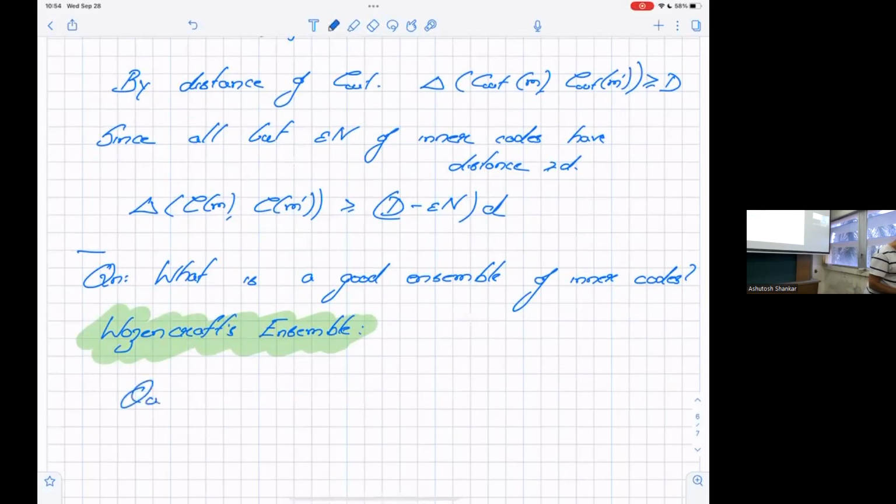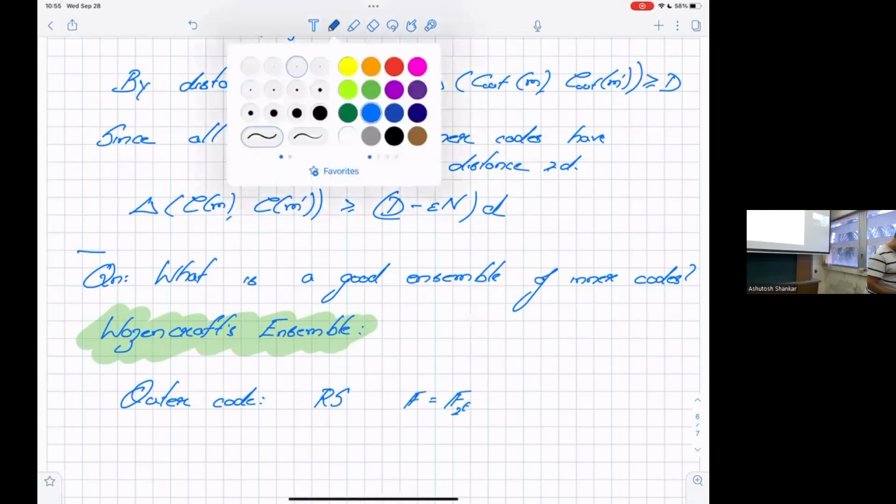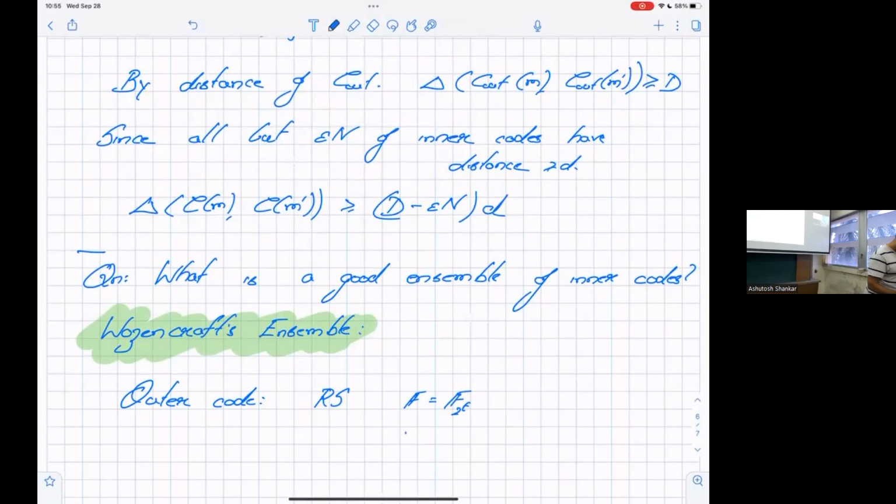The outer code is going to be Reed Solomon, with the field F being 2 to the t, evaluated over F star.